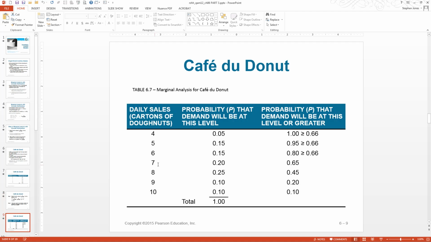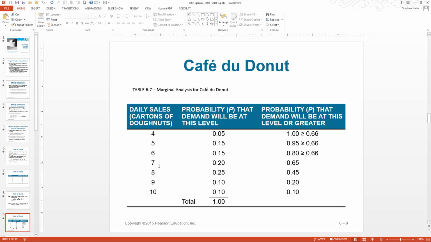So if we take the chance and buy another carton of donuts and go to 7, we are running a higher risk then of actually not making a profit, of losing some level of money. Going 4, 5, or 6, while if we purchased 6 and we only sold 4, while that's a possibility, the probabilities out there for you are you can still get to 6 cartons of donuts, so buy those extra cartons of donuts.